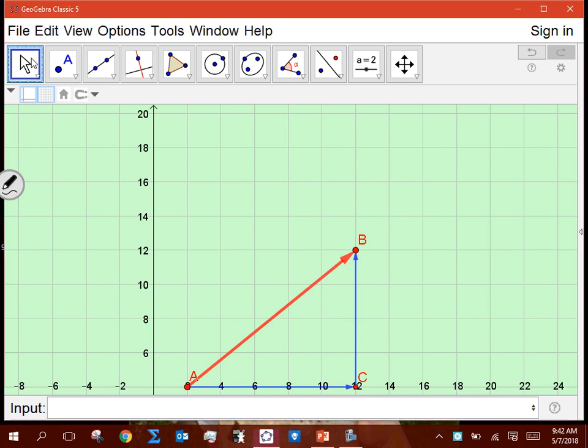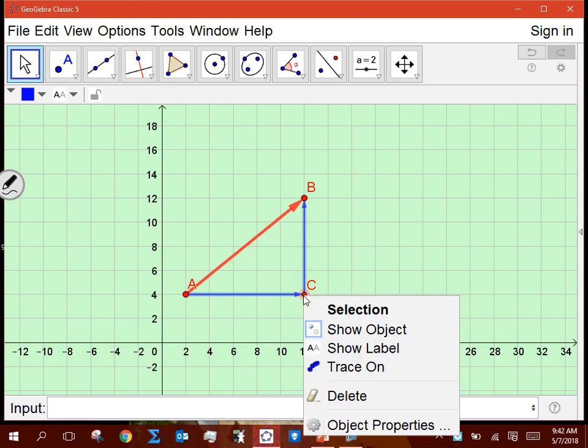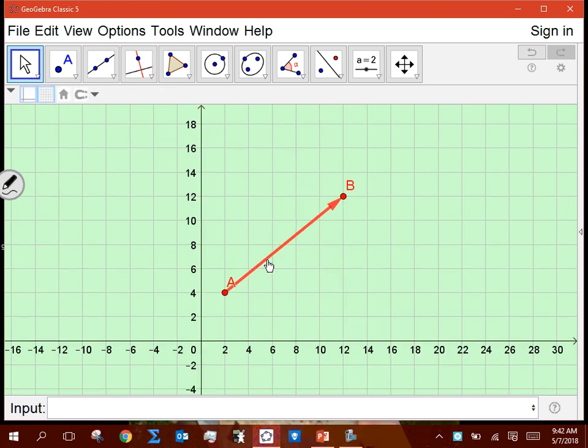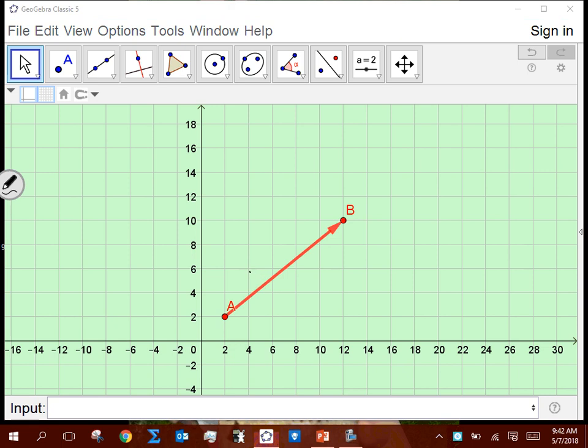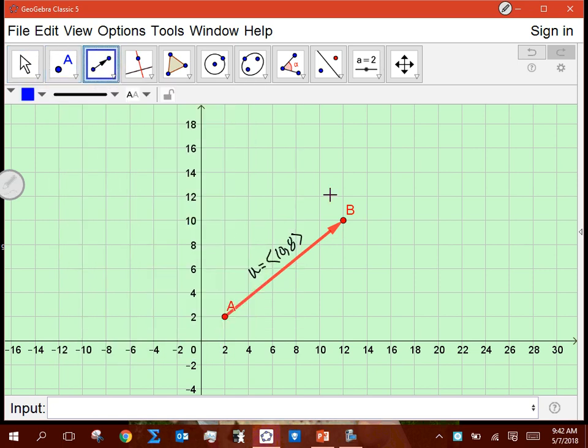So what's nice about that, guys, is this should allow us, let me just hide this stuff real quick, to take that vector there, which we said was represented by <10, 8>. And let's put another vector in here. Let's think about its components.